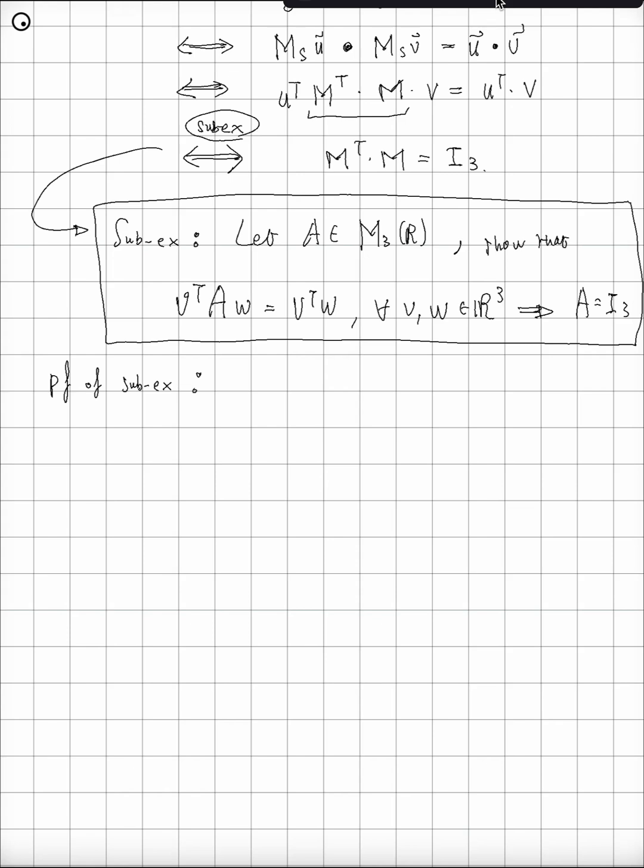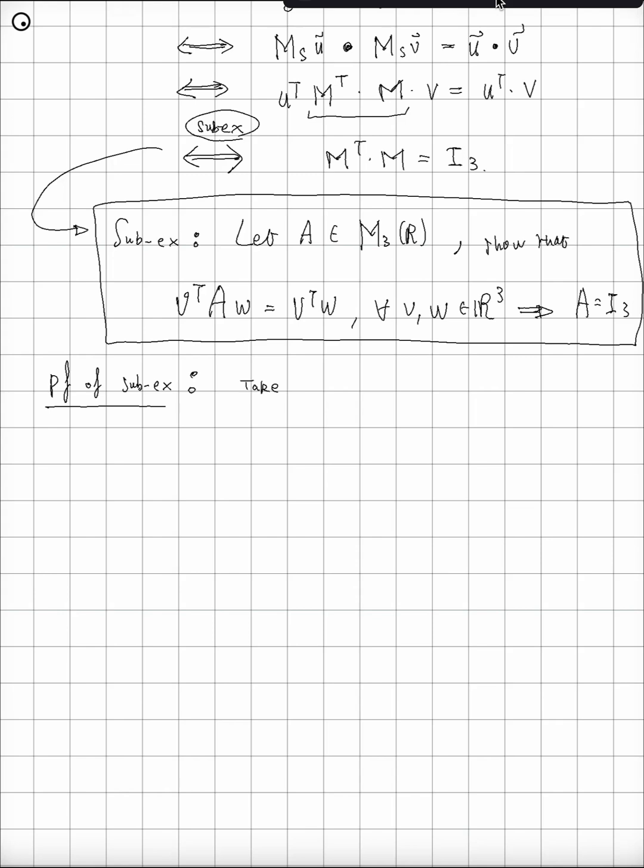So obviously we just use some special testing vectors v and w to show that all the entries of A correspond to the identity matrix. So let's take testing vectors.